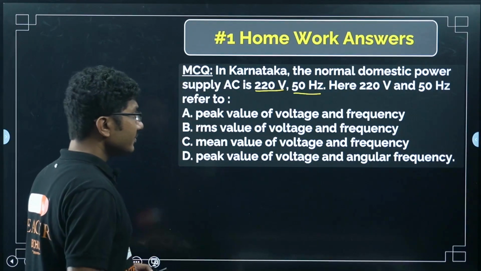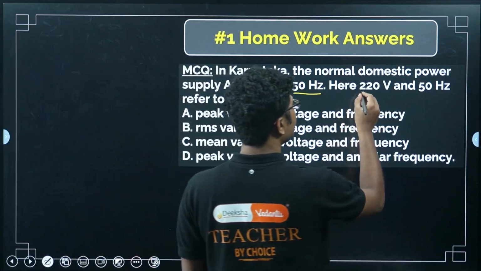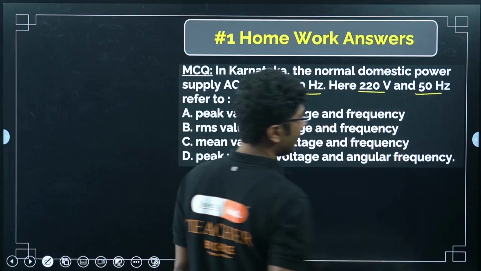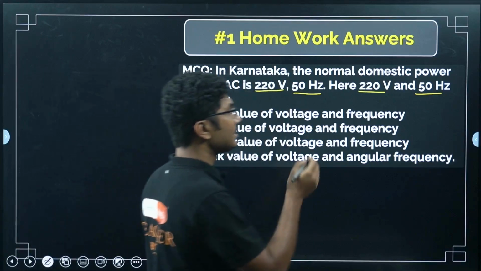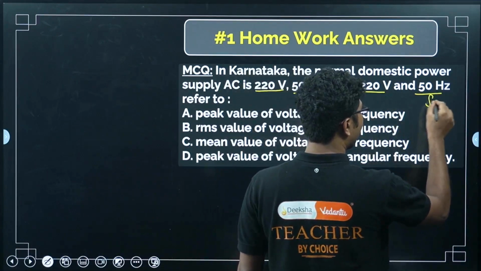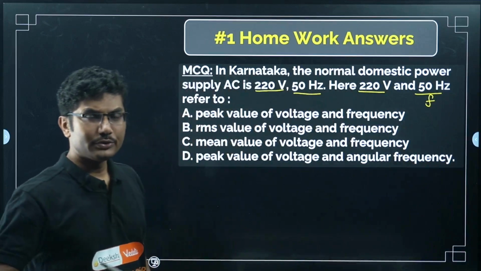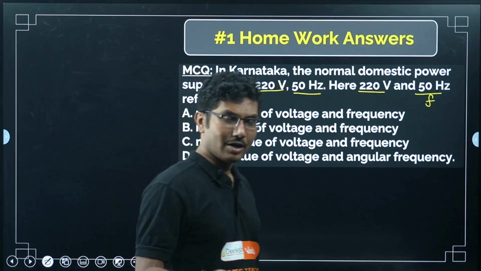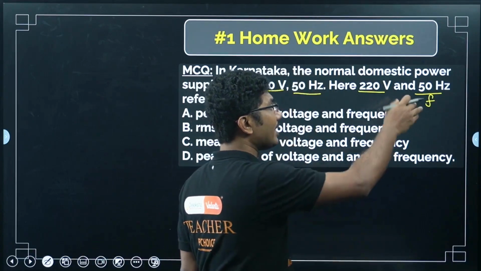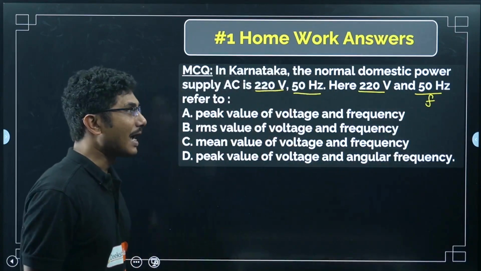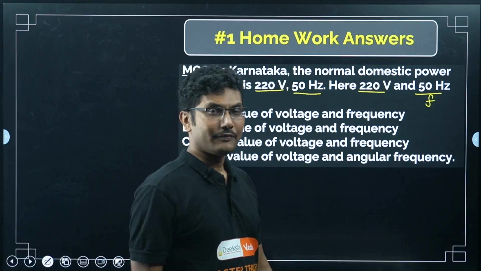Now what is the meaning of this 220 volt and 50 hertz? 50 hertz is the frequency that we know. Frequency means not angular frequency but frequency f. That's why we use the formula 2 pi f L or 1 by 2 pi f C, because when we are solving problems we can directly replace f in that formula.